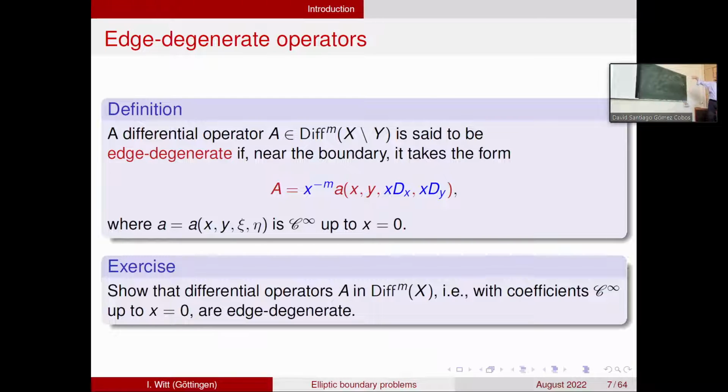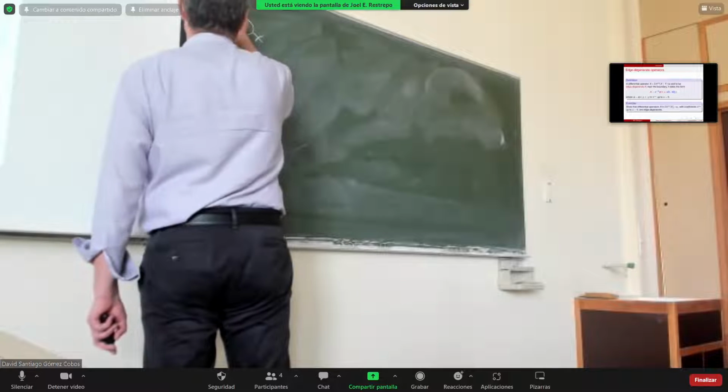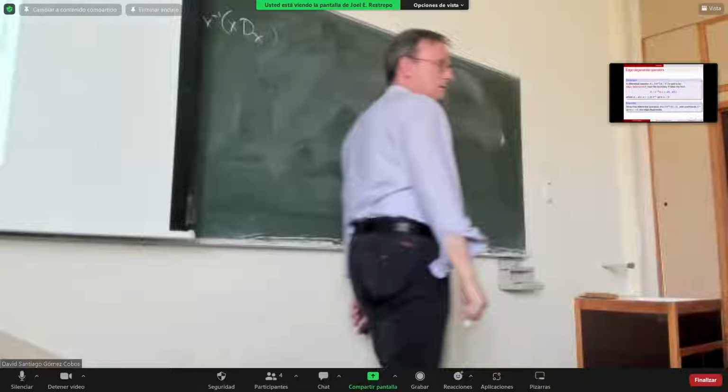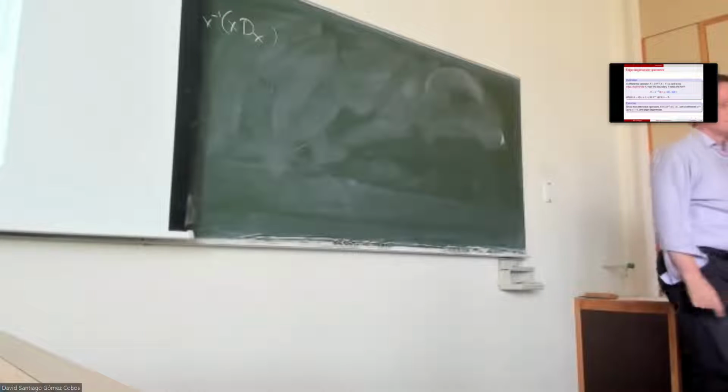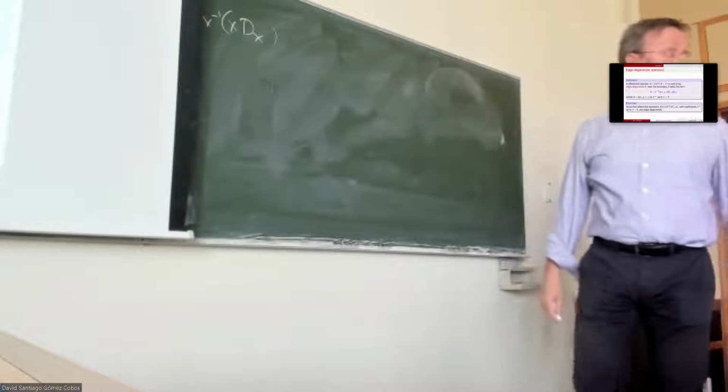The differential operators with smooth coefficients are edge-degenerate. So this is a direct generalization. If all you see is here, you have x, definitely dx, and you write it as x. So the class of edge-degenerate operators is bigger.